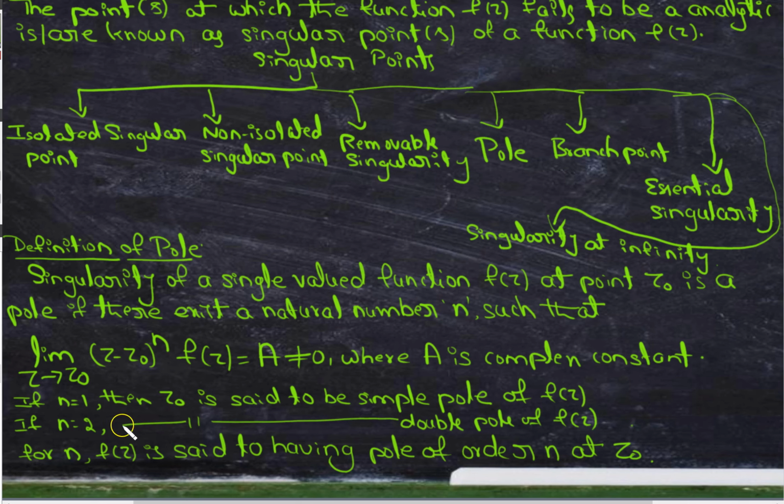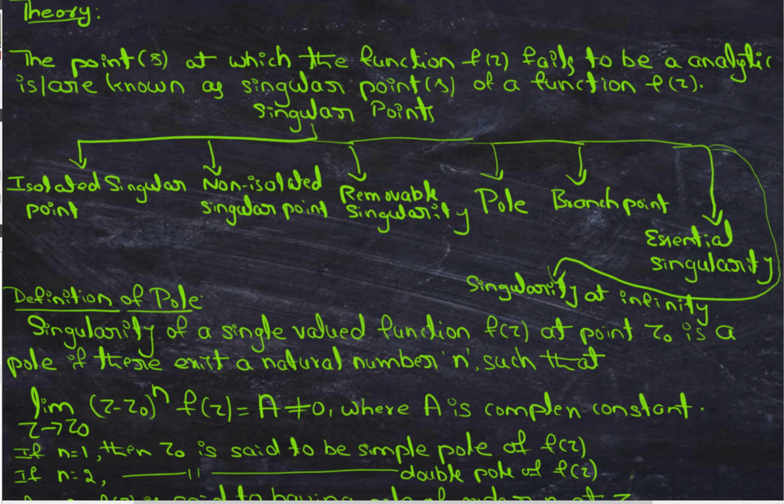If n is equal to 2, then z0 is said to be a double pole, n equal to 3, a triple pole, and so on. For any value of n, f(z) is said to have a pole of order n at z0. This is the procedure to find a simple pole, double pole, triple pole, or pole of order n.